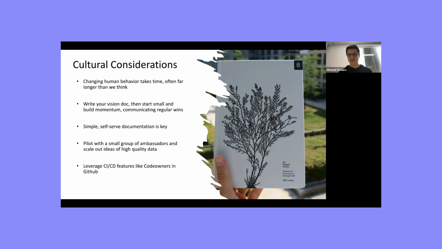As part of that, and this is recommended in the book on the right, simple self-serve documentation is essential for communicating your ideas. And as you circulate it around, what will likely happen is that a small group of people will kind of bubble up to the top, and really your ideas will resonate with them.